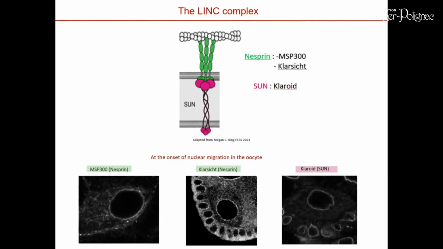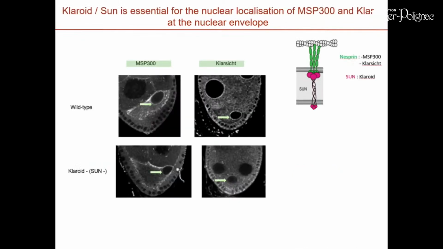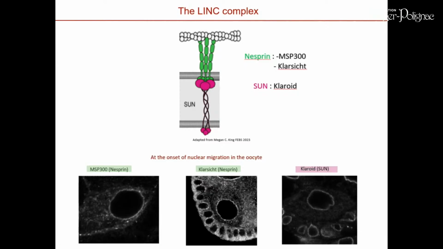The LINC complex is a complex of proteins which spans the nuclear envelope and is tightly associated with the cytoskeleton. In the Drosophila oocyte, you have one Sun protein, Klaroid, and two nesprins, MSP300 and Klarsicht.